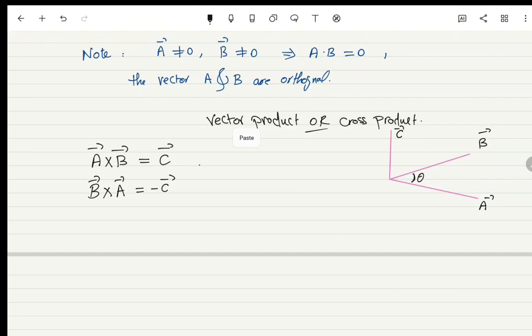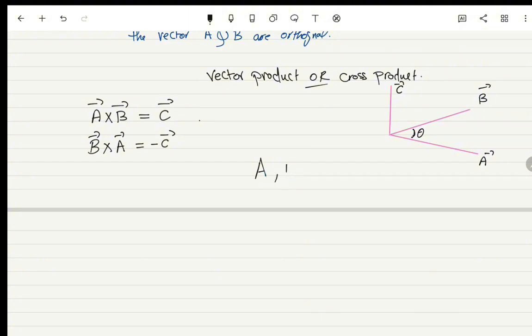To understand this very well, we can use the right hand rule, or we can simply use a 1, 2, 3 rule: A, B, C. If you move with the same arrangement, the cross product will be positive.